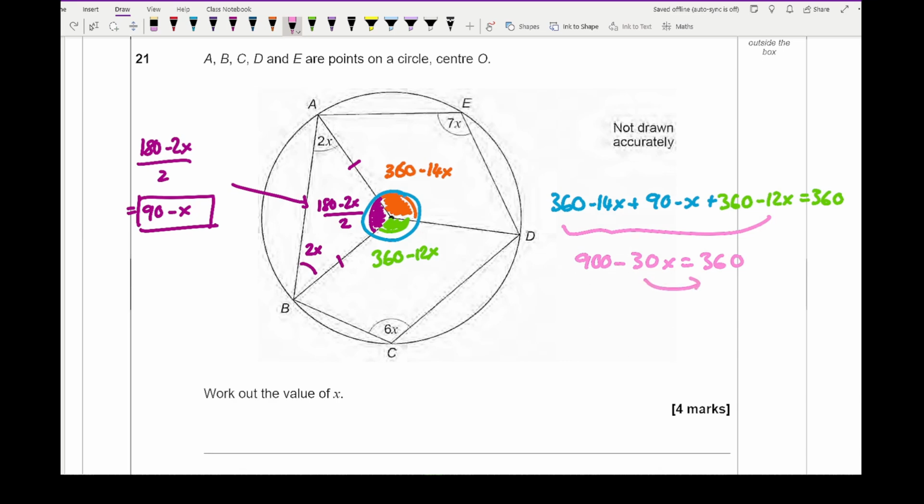I take the 30x over to this side, in which we end up with 900 equals 30x plus 360. Take the 360 over to this side, so I've got 900 take away 360, which is 540, equals 30x. So x equals 540 divided by 30, which gives me an answer of x equals 18.